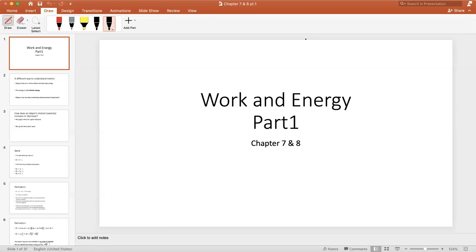And in a weird way, energy is a much easier concept to understand than forces and free body diagrams. And I hope that a lot of you will find chapters 7 and 8 much easier than everything we've done so far. When we get into rotation and torque, things get a lot harder.